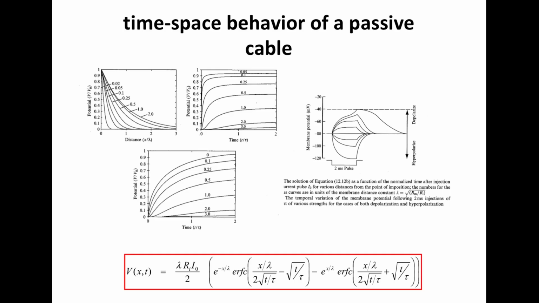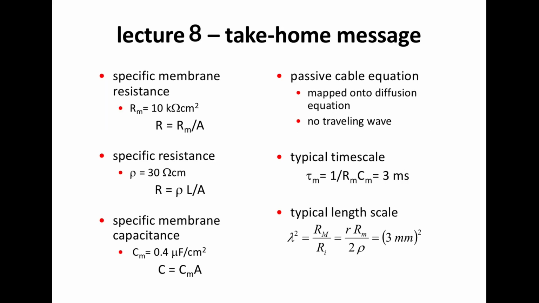So you see that as a function of distance, as well as a function of time, the signal will die out very rapidly. From our considerations today, it became clear that the passive cable is not a good model and is missing an essential ingredient, which we will discuss next week.